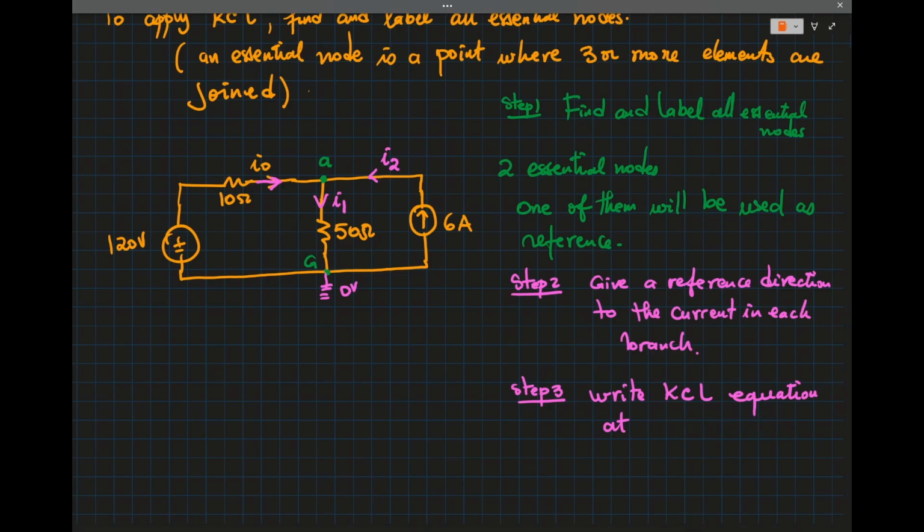We have ground, and whatever we have left. Write KCL at each essential node except at the reference node.